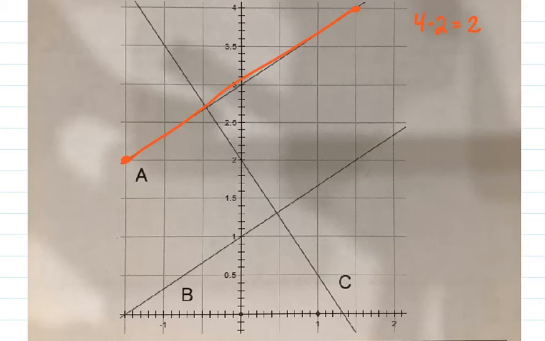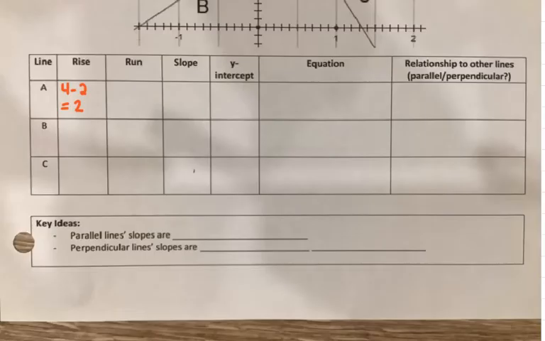Now the run, from 2 up to 4, we went from 1.5 here, back over to negative 1.5. So we did 1.5 minus negative 1.5, which is the same as 1.5 plus 1.5, which equals 3. So the run was 1.5 minus negative 1.5 equals 3.